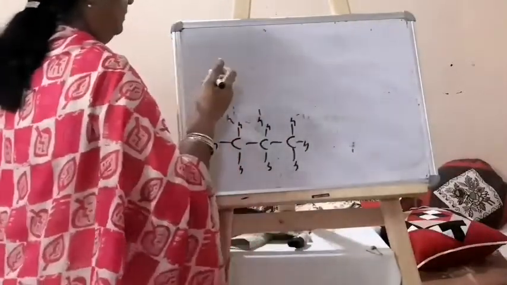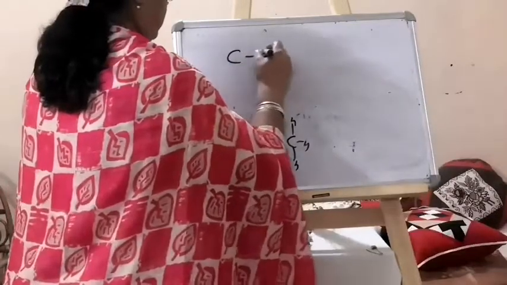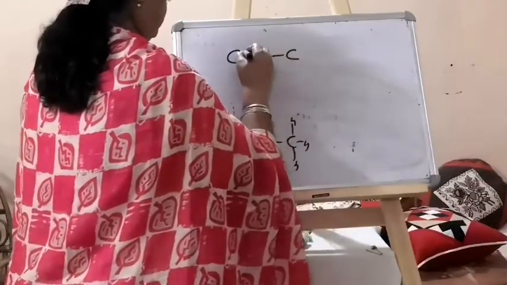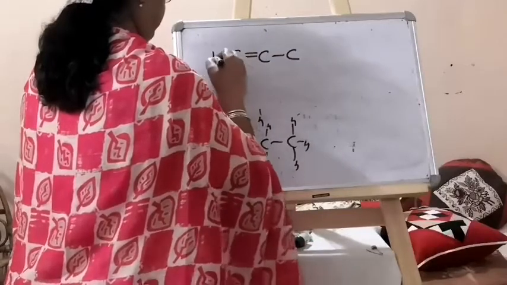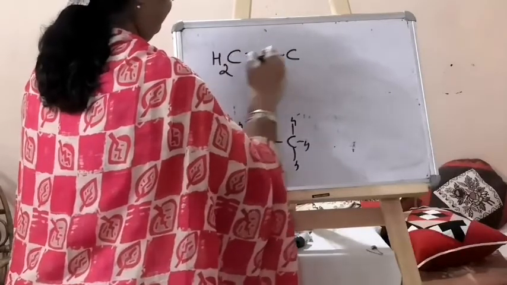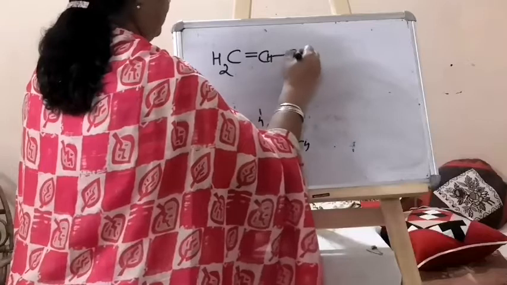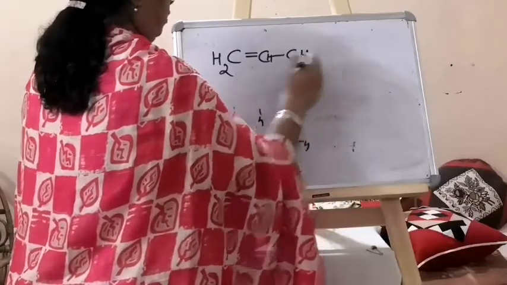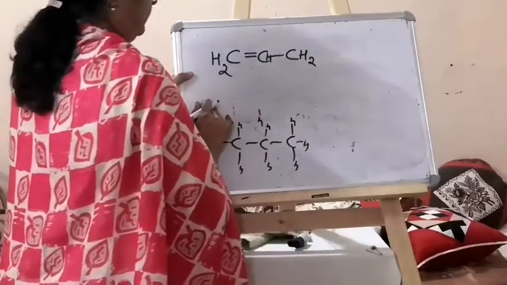If you have a side chain of a double bond, here should be 2. This is your propene.